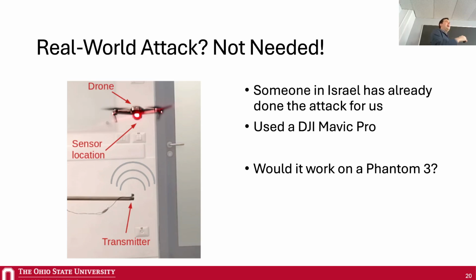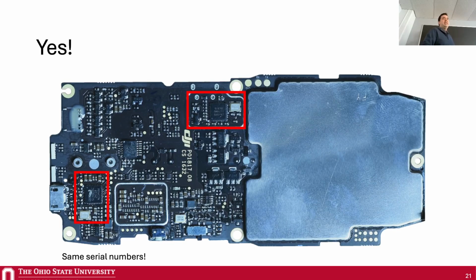We just saw the Mavic Pro will crash during takeoff or landing if you spoof the sonar signal. Can we actually figure out the Phantom 3 is vulnerable without having to conduct the test in real life? And the answer was actually yes. We were able to verify that the Phantom 3 has the same vulnerability without doing the attack.